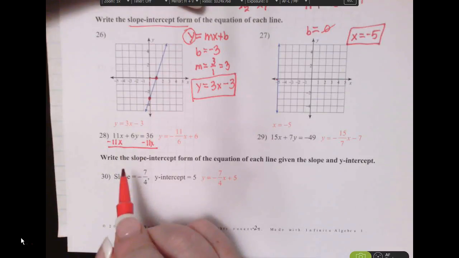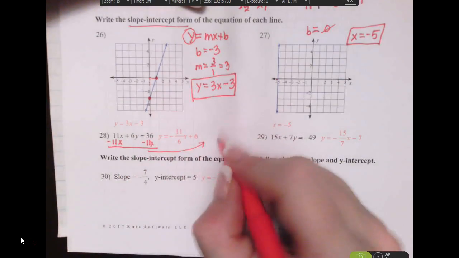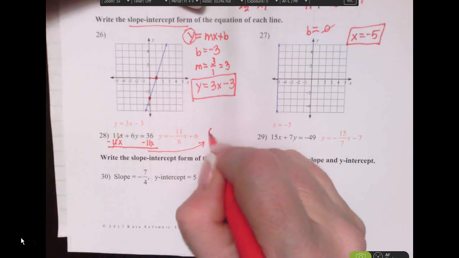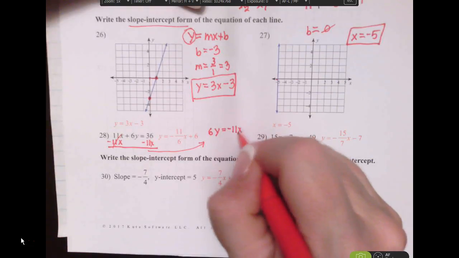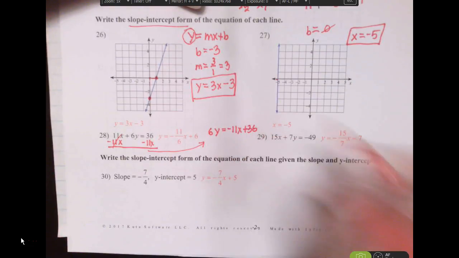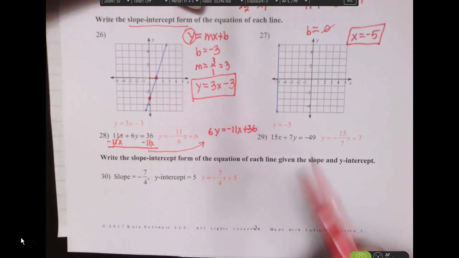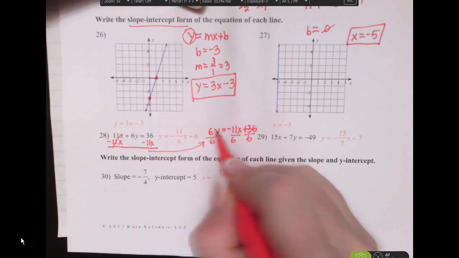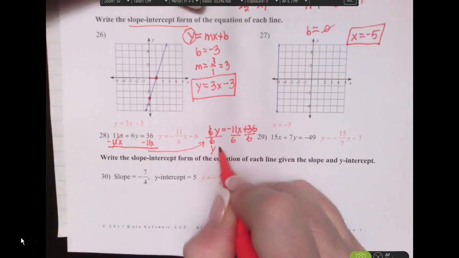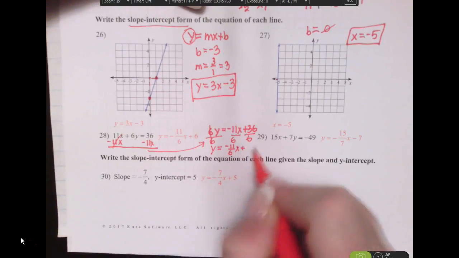So I'm going to go out to the side here, and I'm going to say, okay, I've got 6y equals negative 11x plus 36. Put the coefficient with x first, and then divide everything by 6 and simplify if I can. Y equals negative 11/6 x plus 6.